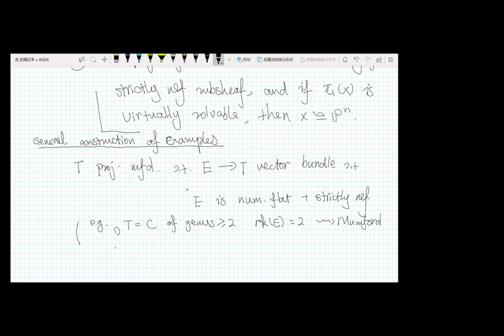In general, if we consider T to be a curve of genus at least 2, and for any rank r, maybe at least 2, you can construct such an example as above. This is done by Subramanian.